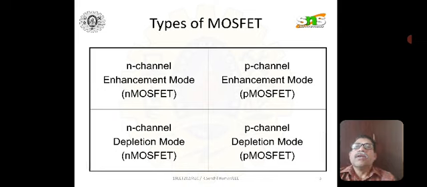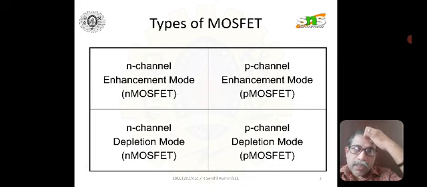Right, okay. How many types of MOSFET exist? The N channel enhancement MOSFET, P channel enhancement MOSFET, N channel depletion mode MOSFET, and P channel depletion mode MOSFET. Enhancement mode and depletion mode are nothing but whether the channel is in depletion condition or in enhancement condition.